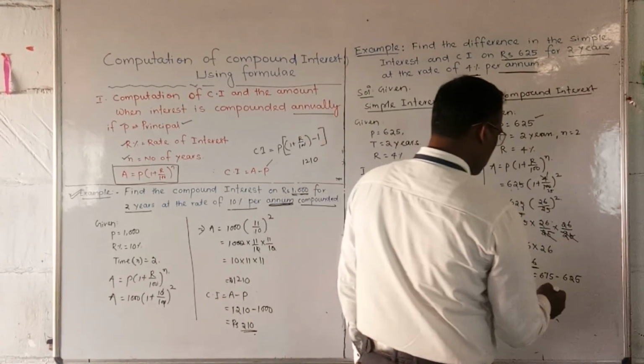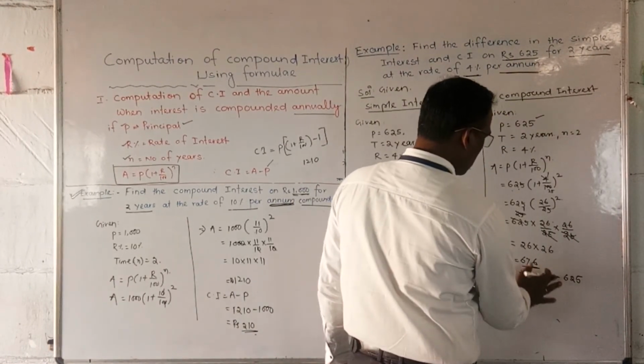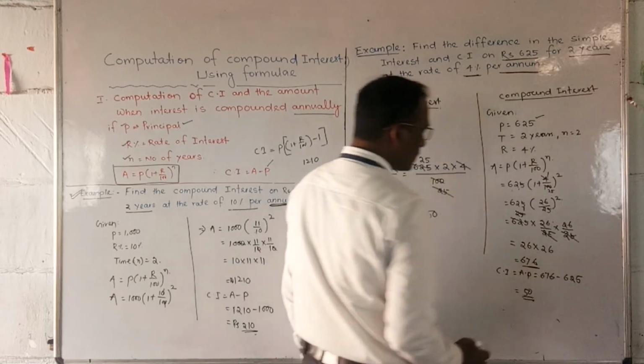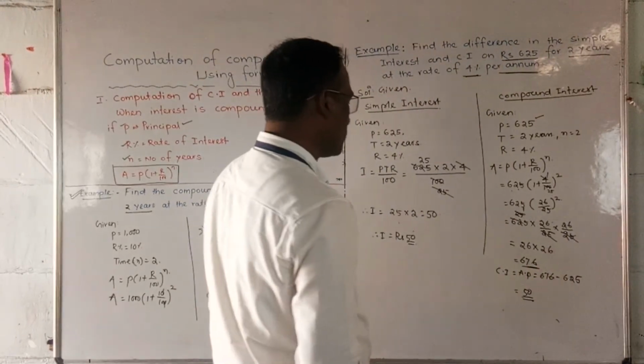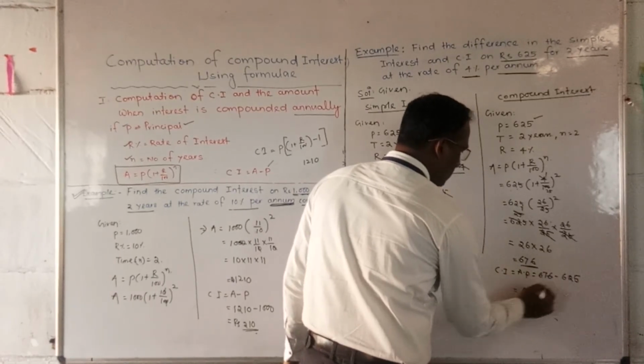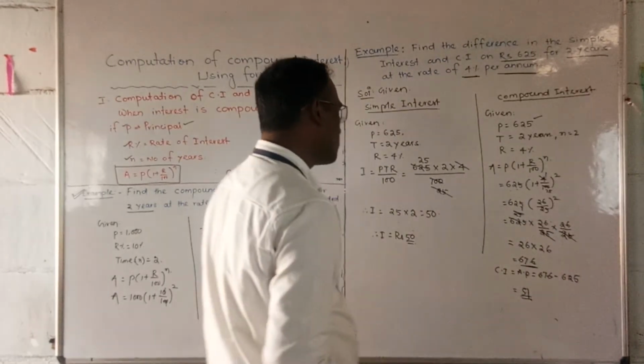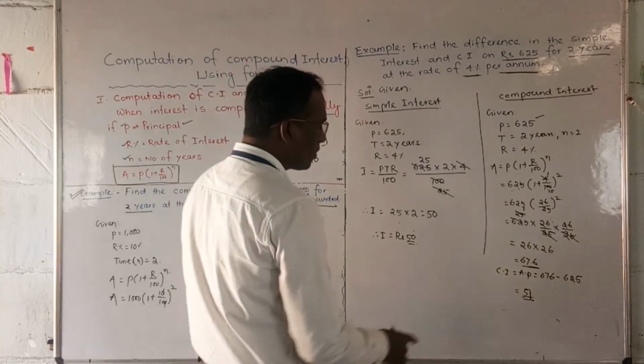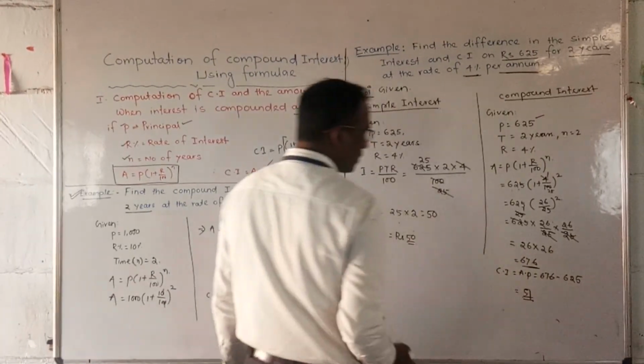Here students, here is the mistake: here 676 it will come, so it will come 51. Okay, 6 6s are 36, it is coming, okay, so 51. Are you clear? So compound interest we got is 51 rupees.